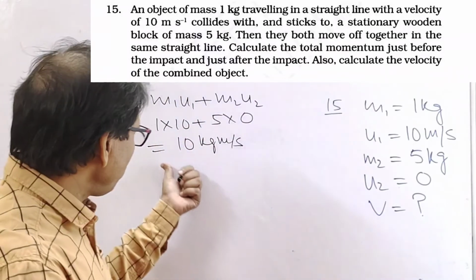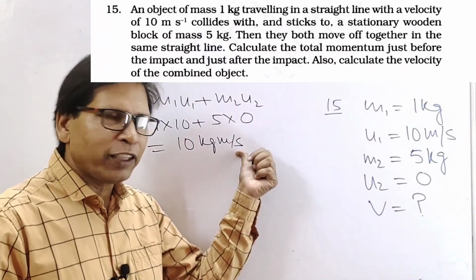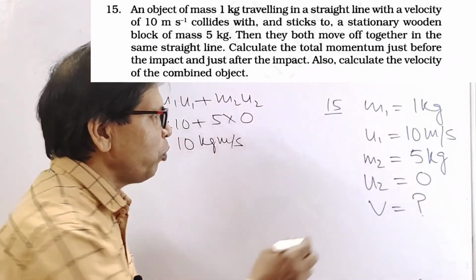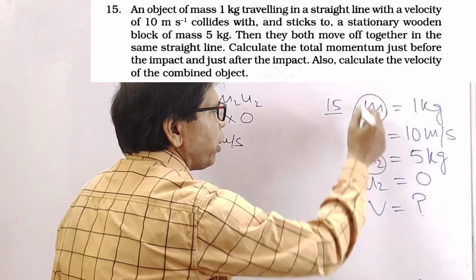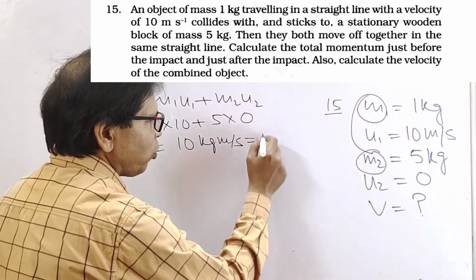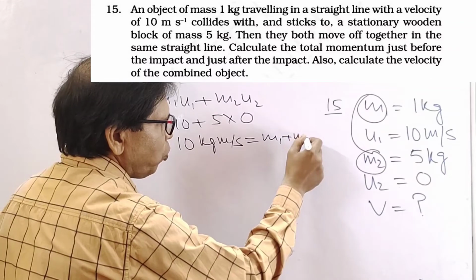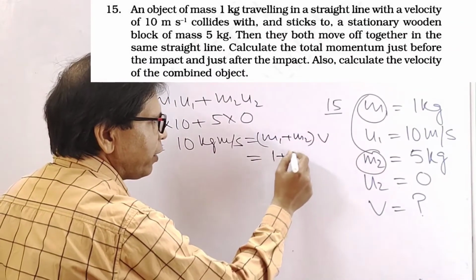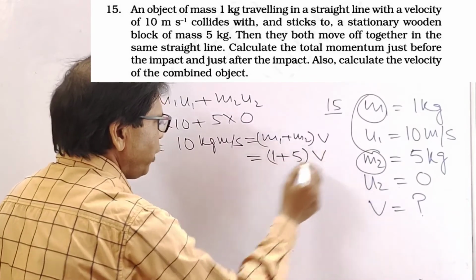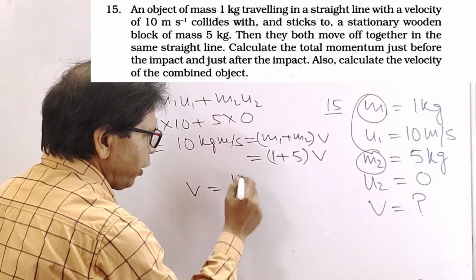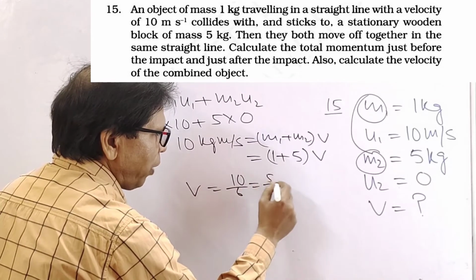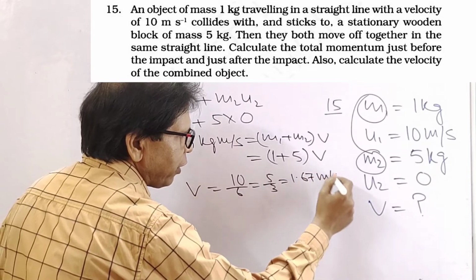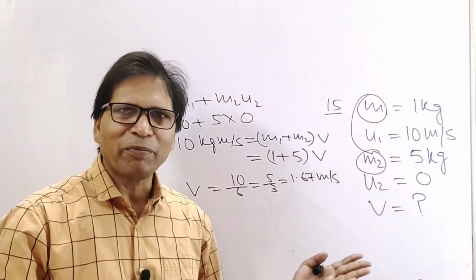Look at this, as total linear momentum after collision is 10 kg meter per second, this equals m1 plus m2 into v. Okay, so look at this, 1 and 5 into v. So v equals 10 by 6, that is 5 by 3, that is 1.67 meter per second, the velocity of the combined mass.